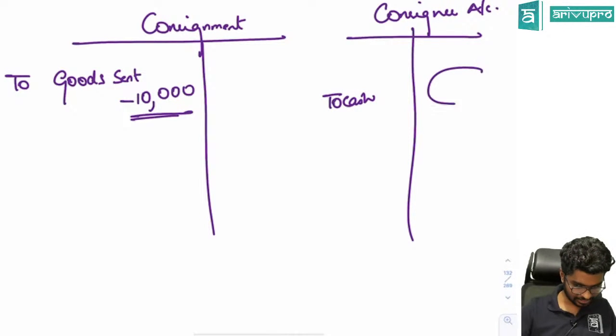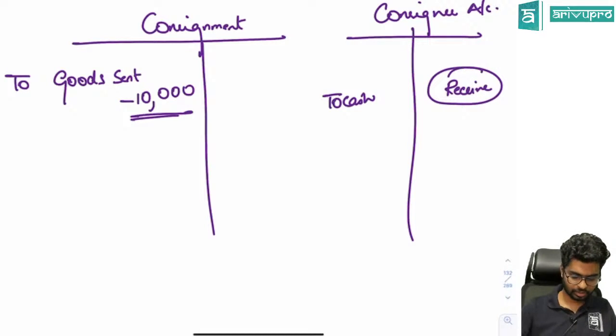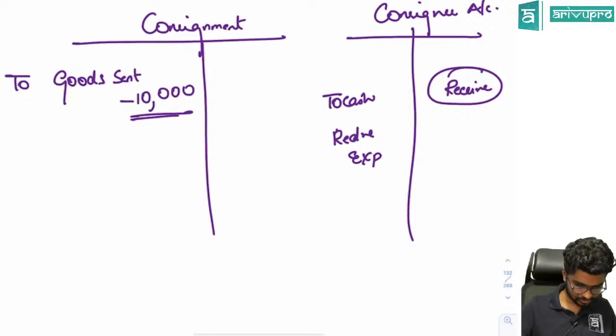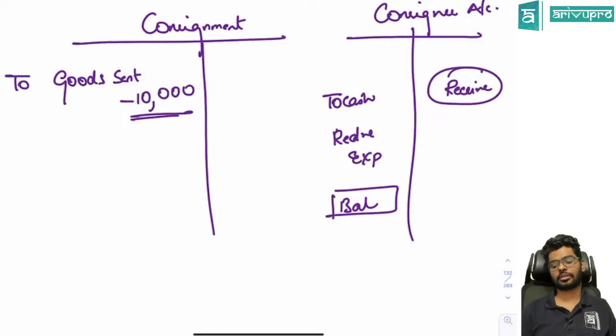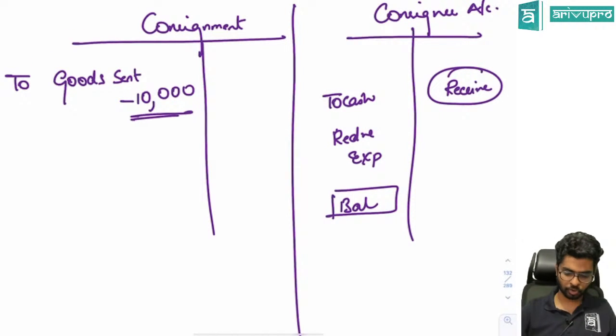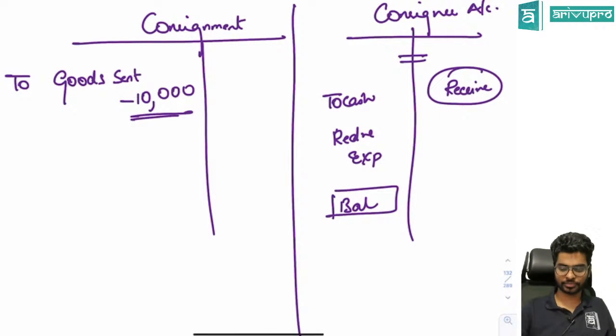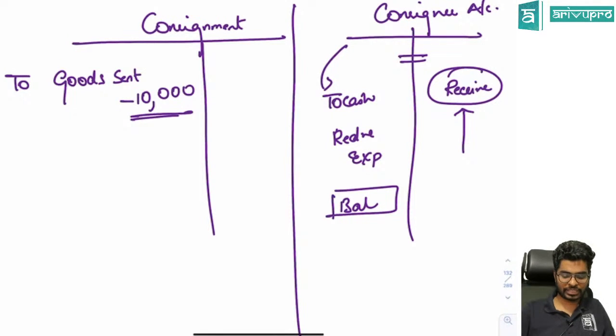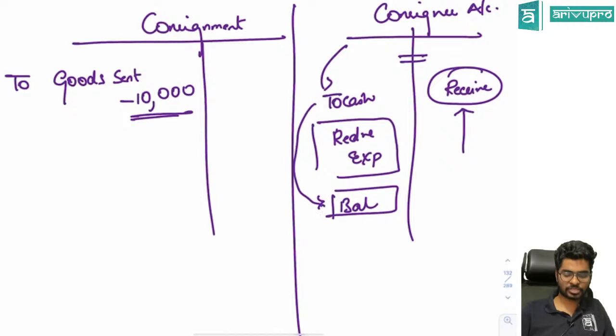When he sells, he will receive the money. He will reduce the expenses. Then he will pay you back the balance. That's all that's going to happen, because he is not responsible for the goods or other things. He will pay you an advance with a condition that when he makes a sale and receives the money, he will reduce those expenses and pay you the balance money. Are you clear?